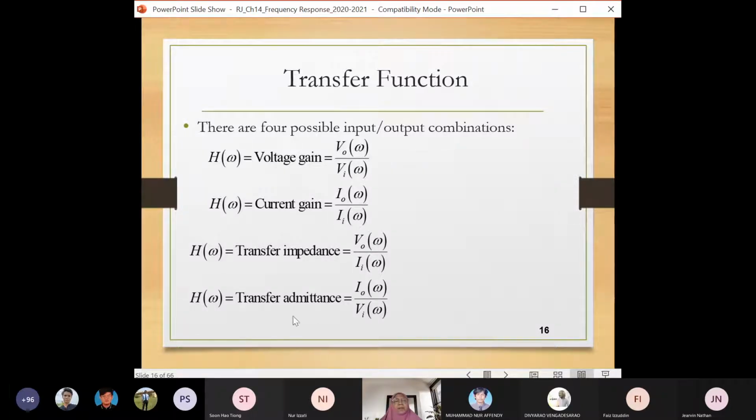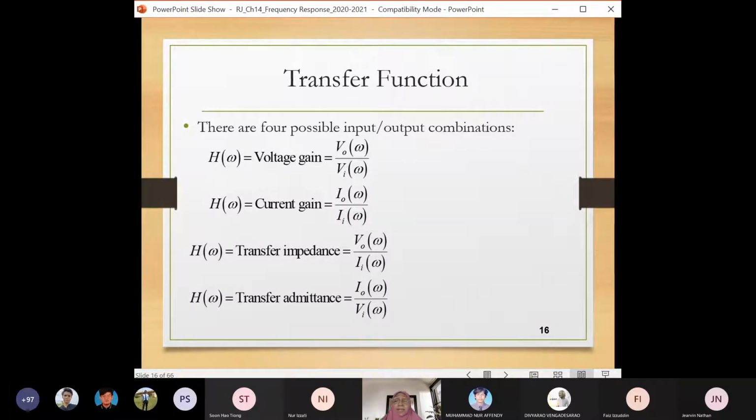Okay, because you are only observing current and voltage, at the input side you have current and voltage, and at the output side also you have current and voltage. In the second part of my lectures later on, the Bode plot and the two-port system, we will also evaluate in terms of input and output relationship.